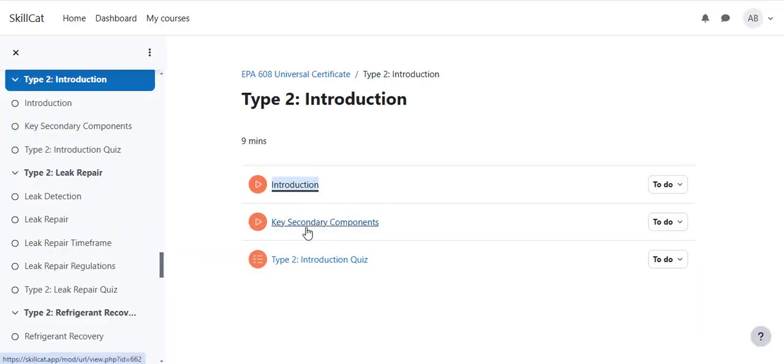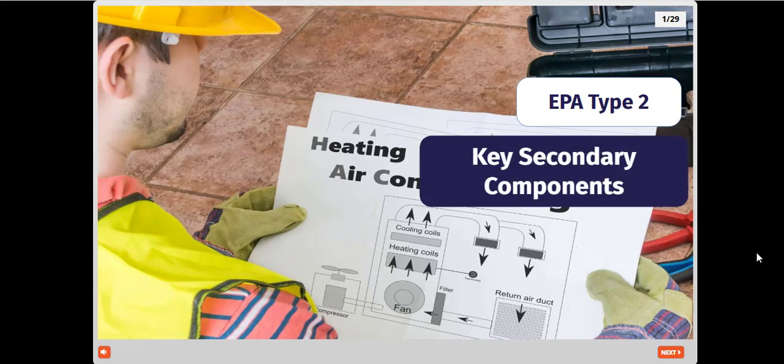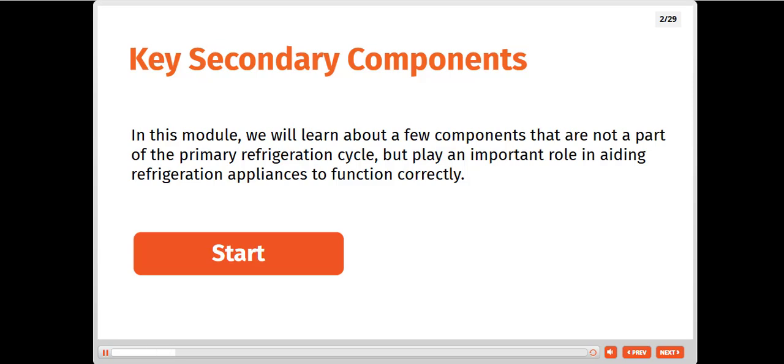Let's go to secondary components, introduction for Type 2. In this module, we will learn about a few components that are not a part of the primary refrigeration cycle, but play an important role in aiding refrigeration appliances to function correctly.